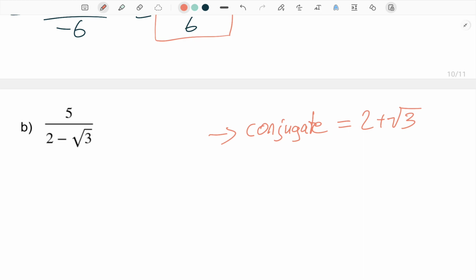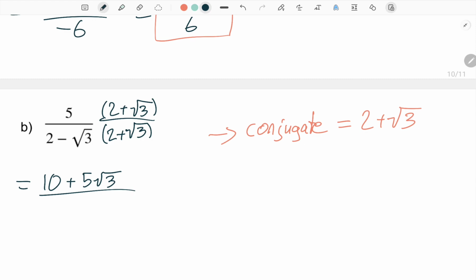So 2 plus root 3. So multiply both the top and the bottom by 2 plus root 3. Okay. So the top, you actually have a 5 here, so you do have to do a little bit of work. So 5 times 2 is 10, and plus 5 root 3.